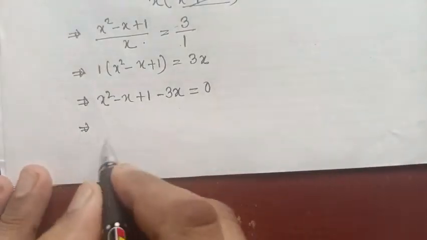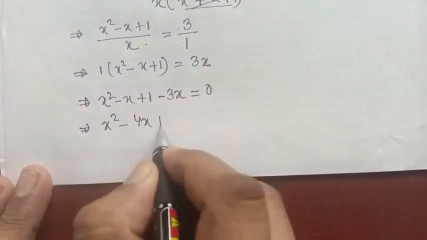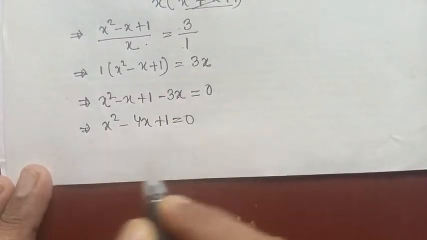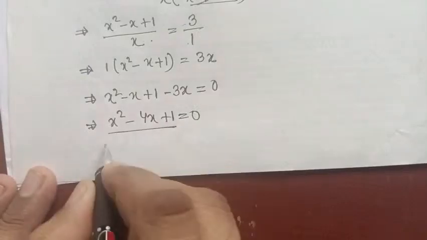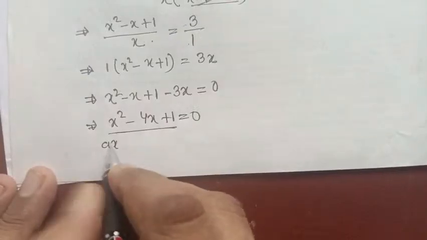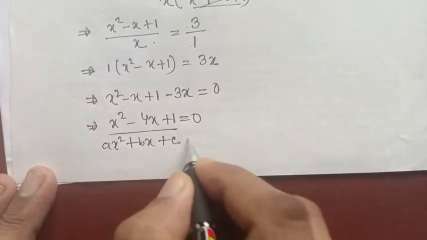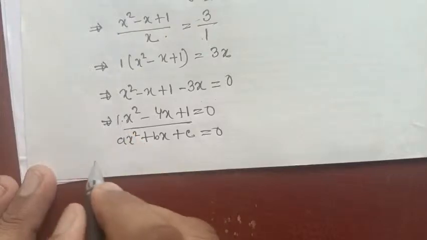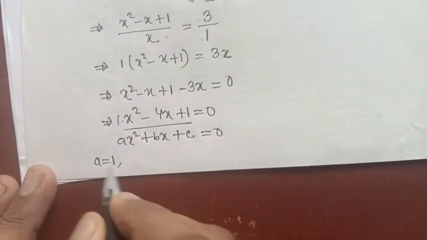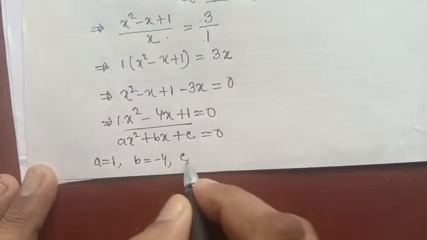Now that will be x square minus 4x plus 1 equals to 0. So this equation is a quadratic equation, and the standard quadratic equation is ax square plus bx plus c equal to 0. So here if we compare, we get a equals to 1, b equals to minus 4 and c equals to 1.